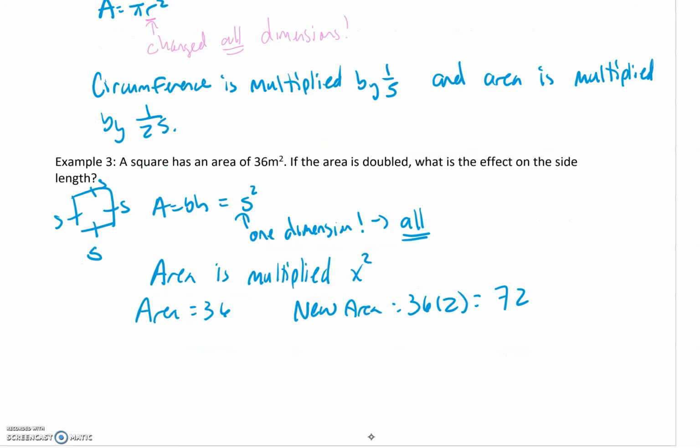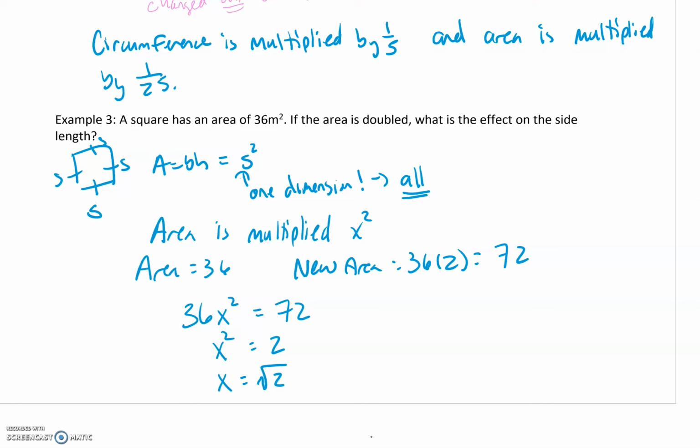If I took this 36 and multiplied it by some x squared, I would get 72. So then I can just solve this. Dividing both sides by 36, x squared equals 2. Square root both sides, x equals the square root of 2. We don't want to put a plus or minus here because we're not going to multiply a side length by a negative radical.